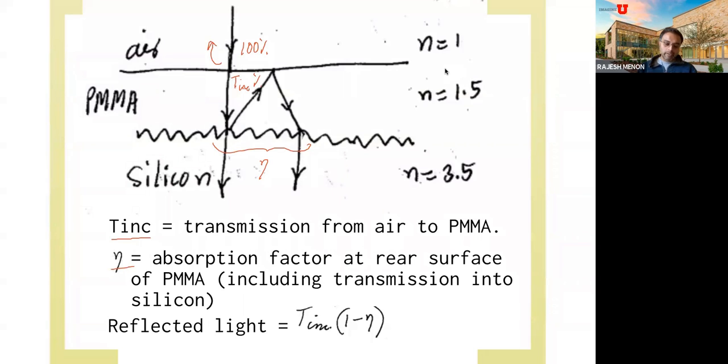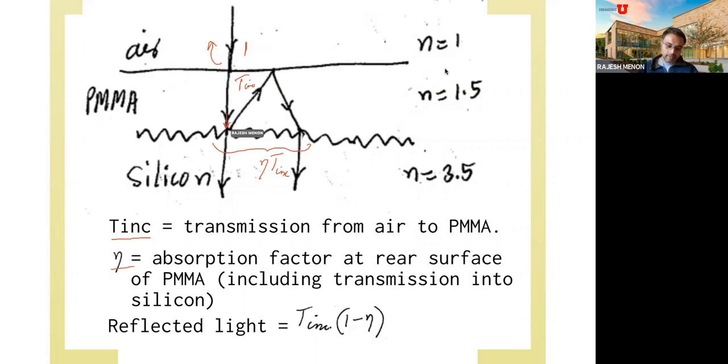So corollary, of course, is that if I have 100%, and I'm going to write this in fractions instead of percentages. Let me erase this. Easier to think about. So let's say I have 1 coming in. I have T incident, which is less than 1 going inside. Okay. And what comes in here is eta times T incident, right? Because T incident is what's incident here.